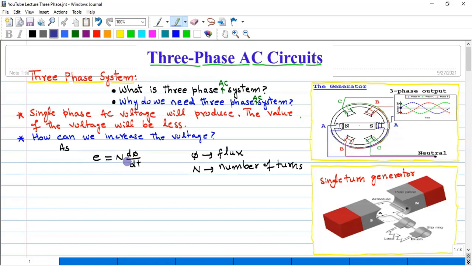But sometimes that voltage is not even sufficient to supply three-phase heavy industrial practical loads. So now the question is what we can do.